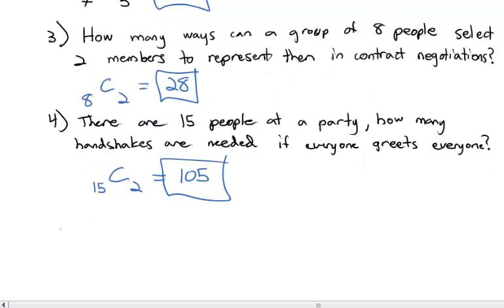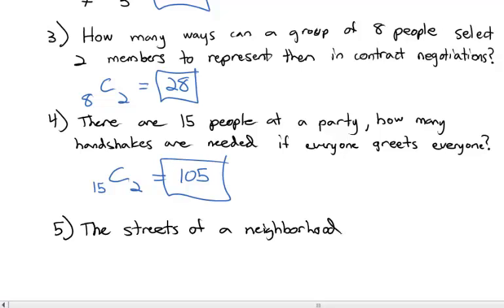Let's do another problem that's a variation on this thing. Let's say that the streets of a neighborhood are 6 blocks long and 6 blocks high.